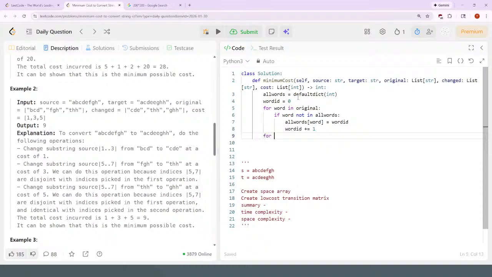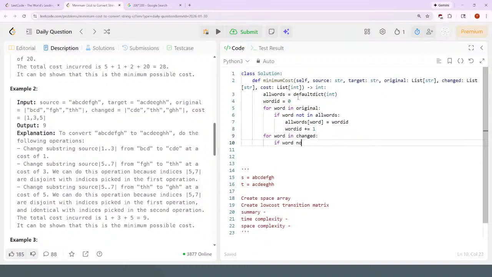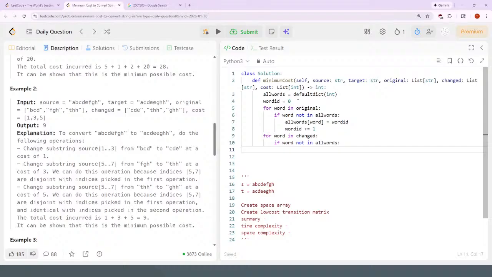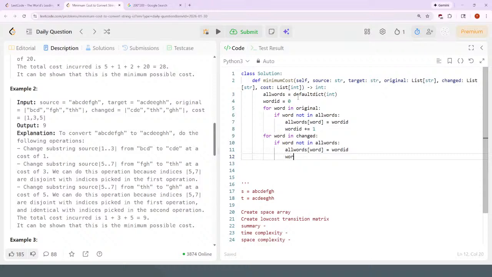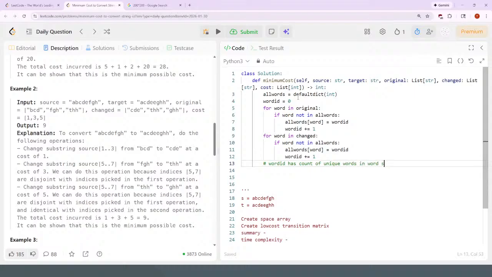And then similarly for every word in the changed, if word not in all words, for this new word is equal to this word ID. Word ID plus equals 1. So now word ID has the count of unique words in the word space defined by the original and changed.